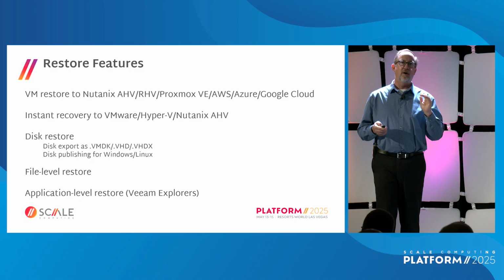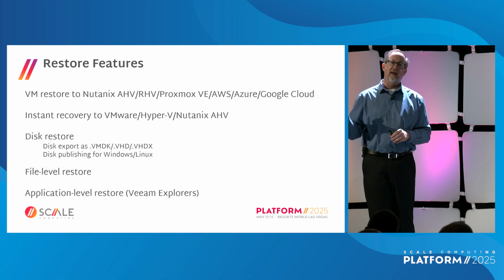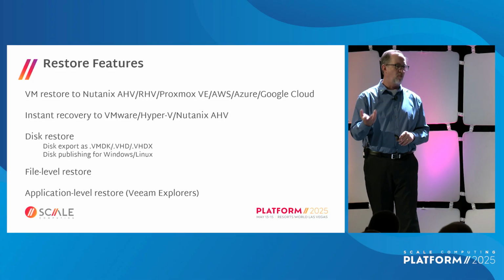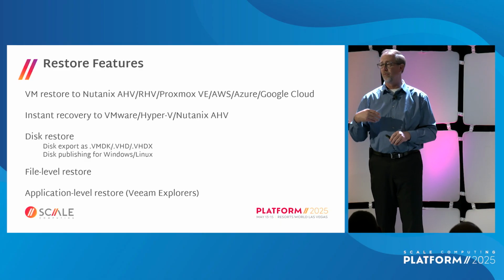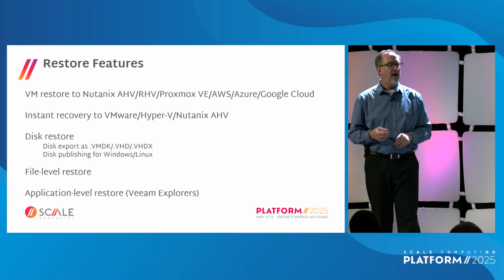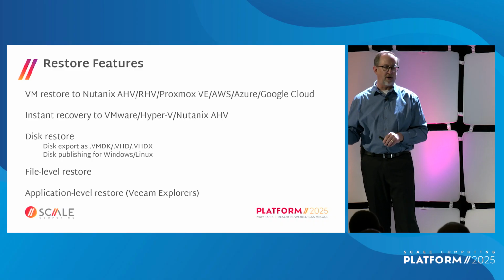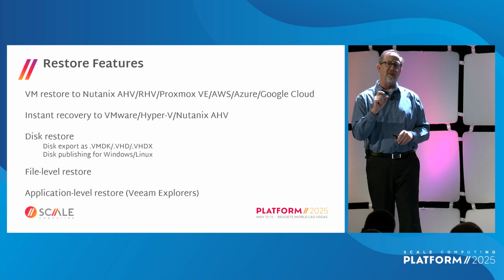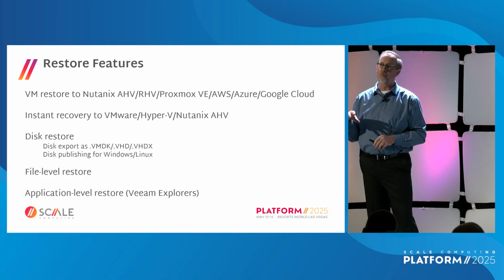So we have something in the product, and we've talked to several of you about this, called application-aware processing. Application-aware processing is kind of a combination of two things. One, quiescence. So particularly for Windows workloads, before we run our backup processing, we will attempt to run VSS quiescence. And then we also do some integration with particular applications like popular databases, Active Directory, SharePoint, Exchange, etc. And then we actually store metadata not just on the image level backup, but on the application workloads that are running in them.